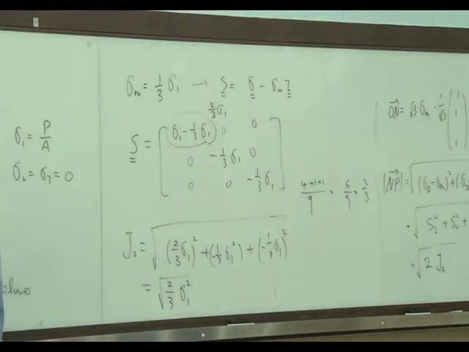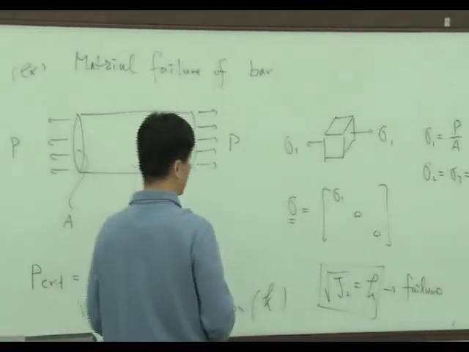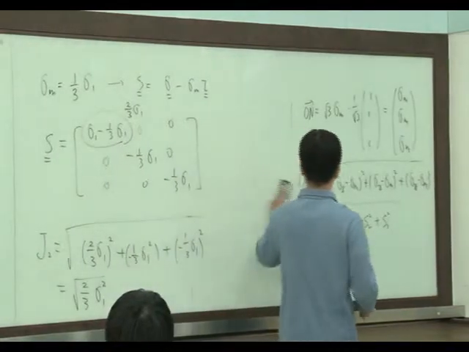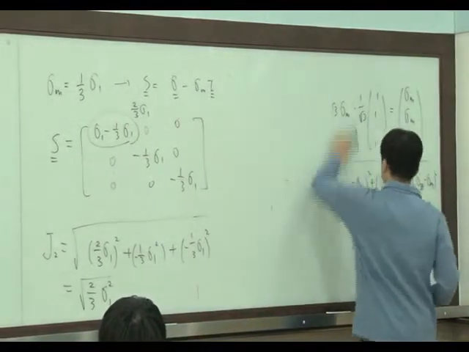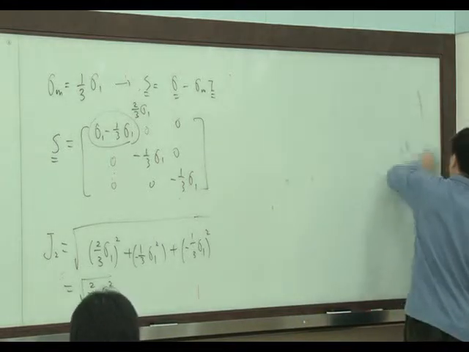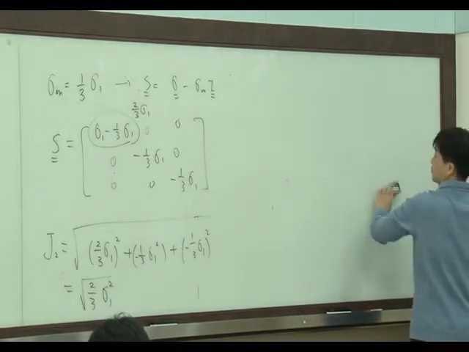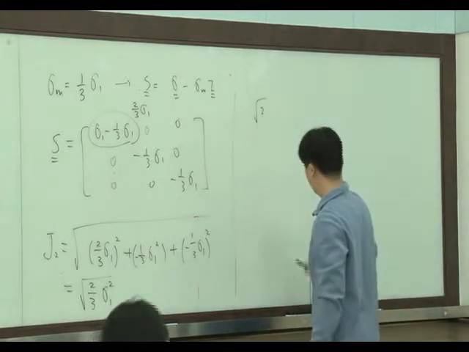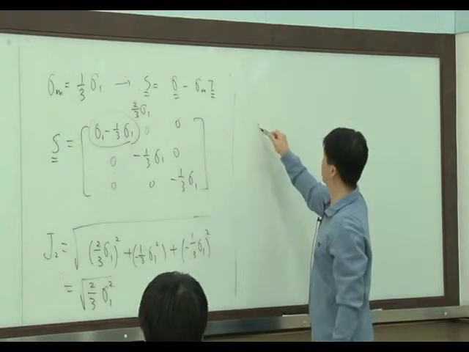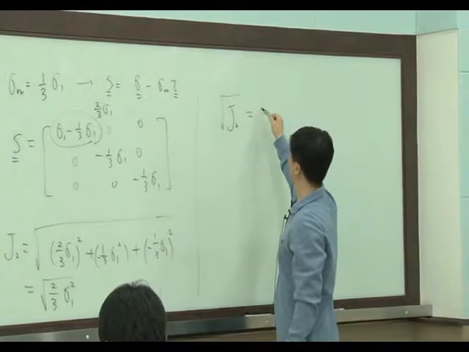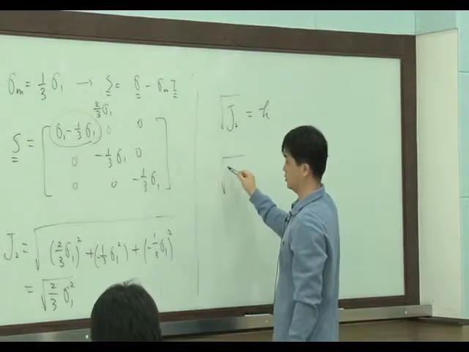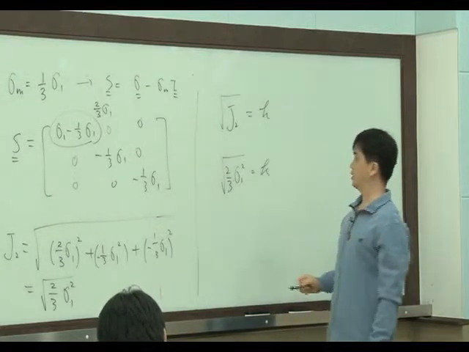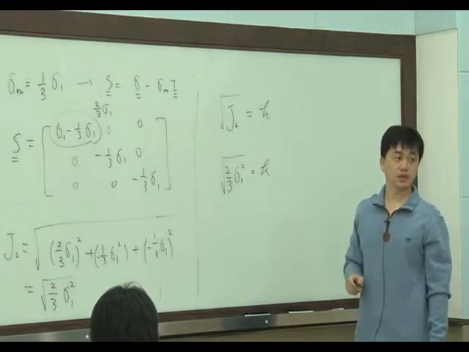Is that right? Okay. So square root J2 equals K means square root of 1/3 sigma 1 squared equals K. Right? This is a failure condition.